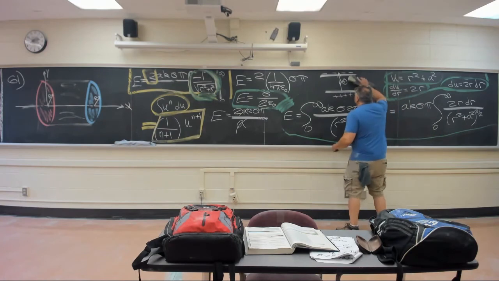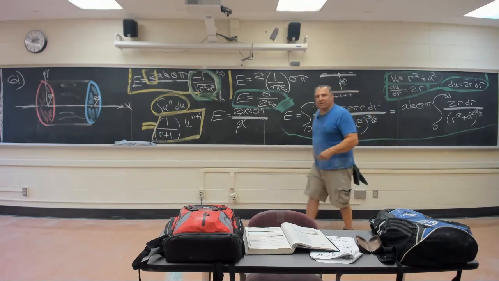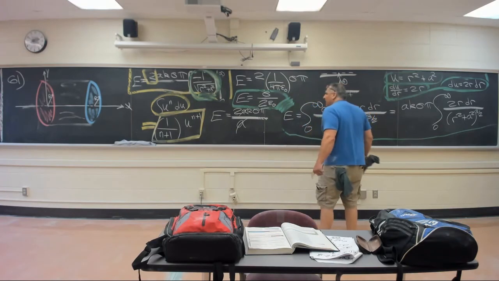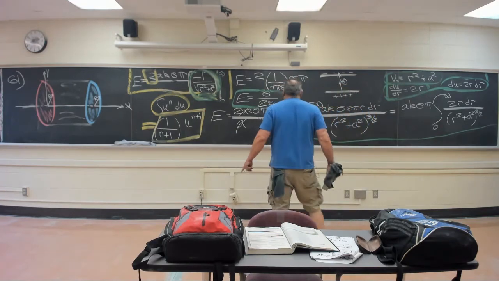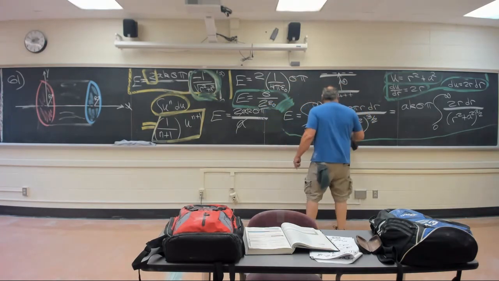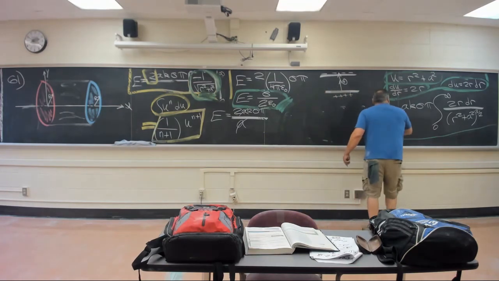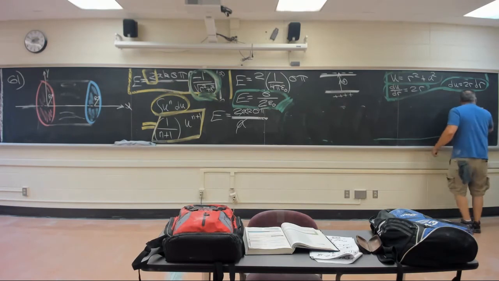I wish I could have made it with the same amount. So wait a minute, you guys, if it's a parallel plate capacitor, that's for one of them. Does everybody understand?